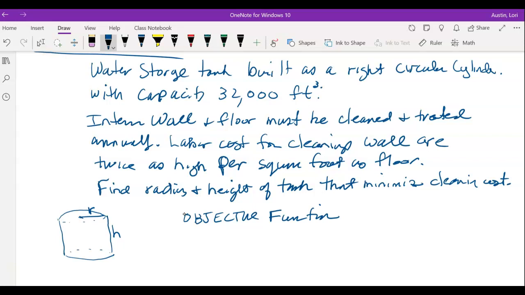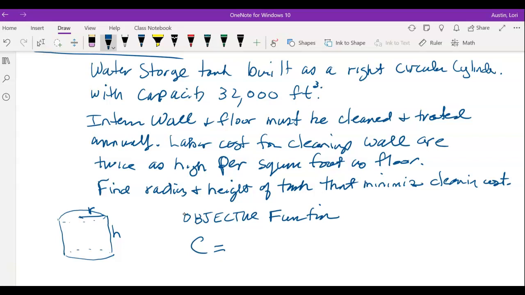Start C equals, right? We're talking cost, and we're talking the cleaning. Are we talking the volume of our water tank at all? No, right? We're talking cleaning the floor, and we're talking cleaning the walls. Okay, so we'll do the floor first because it's twice as much for the walls. So we're just going to do the floor.